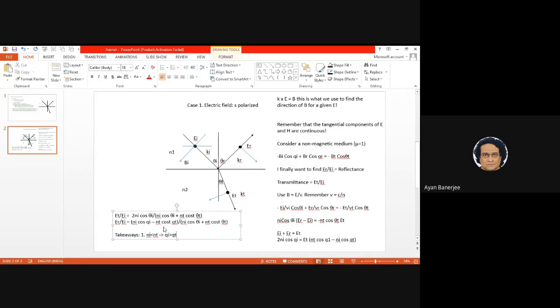Obviously, because from Snell's law you know that. Which means cos theta I is less than cos theta t. So this I can say is this ER. If I say this as TP, T for T parallel, I want it small, and I call this as RP.